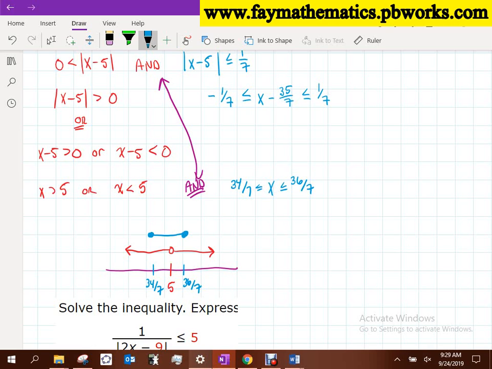So those are the individual absolute values. Okay? The word and says now we're looking for the overlap, right? Do you guys agree they start overlapping there? And they go up to what number? 5. They stop overlapping at 5, right? But then they jump over 5 and start overlapping again until 36 sevenths, correct?